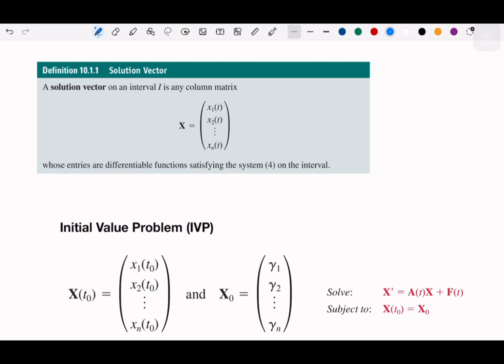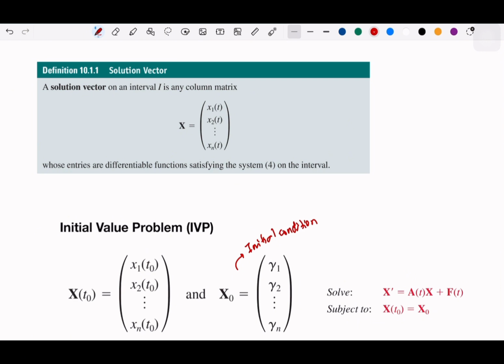This is the initial condition, right? So we are going to solve this differential equation subject to this constraint, or the initial conditions.